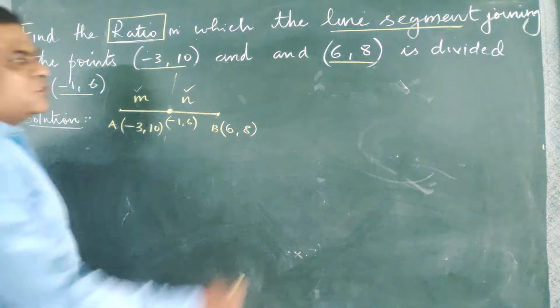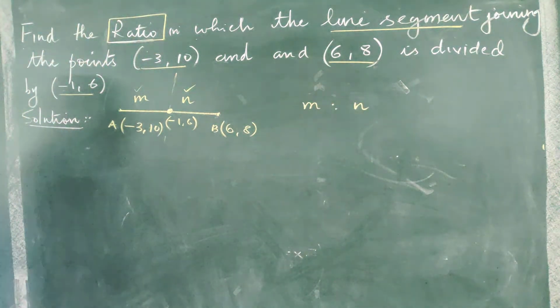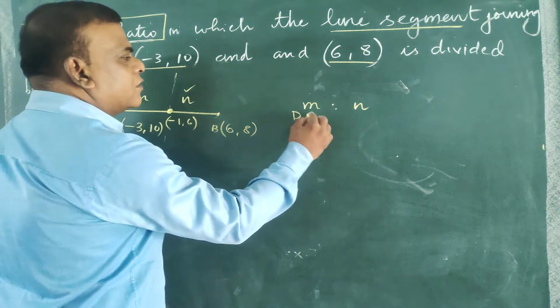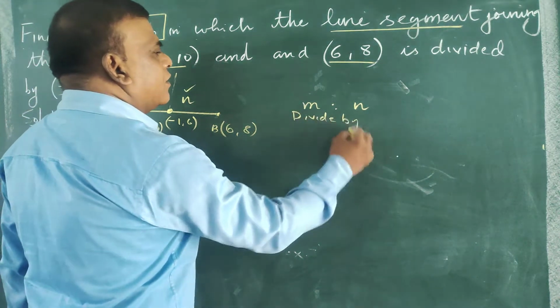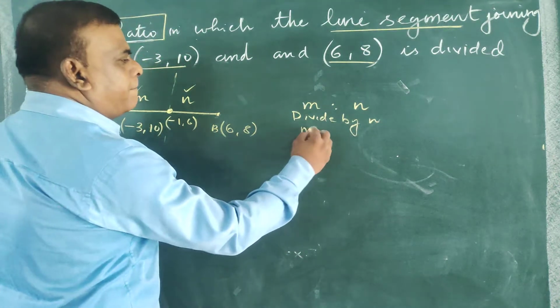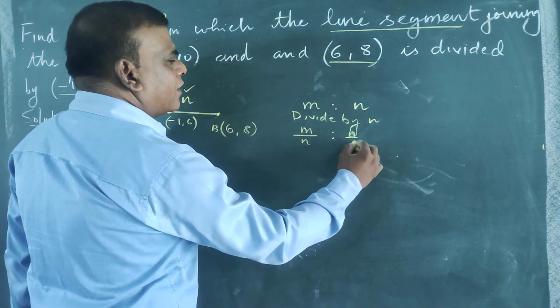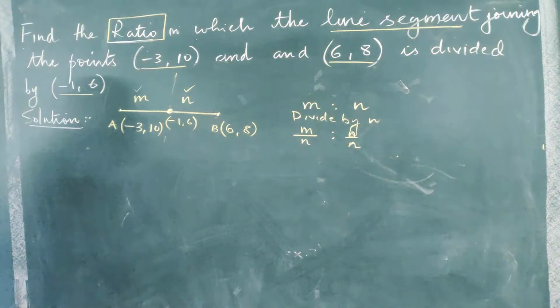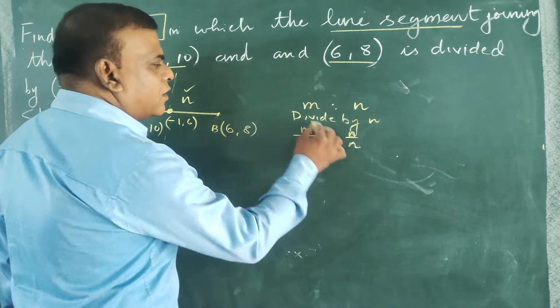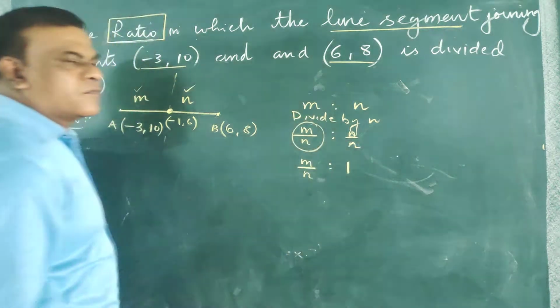Now we know that the ratio is m:n, and suppose we divide this ratio by n, so we'll get m by n is to n by n. So this becomes 1. So m by n is to 1.